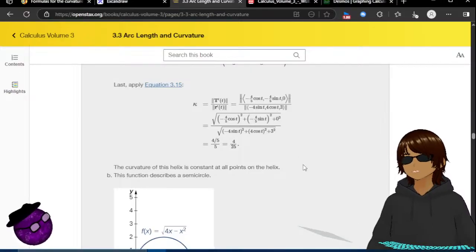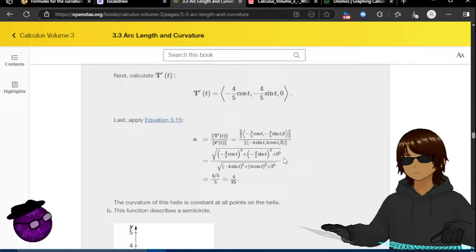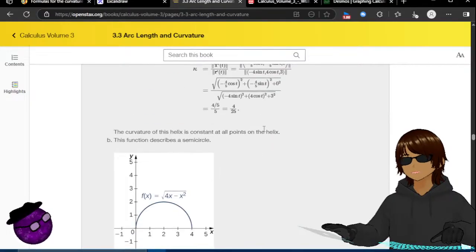Yeah, I think the mistake is here maybe, because I don't see the root 2. The root 2 is missing. Yeah, I think the mistake is here.